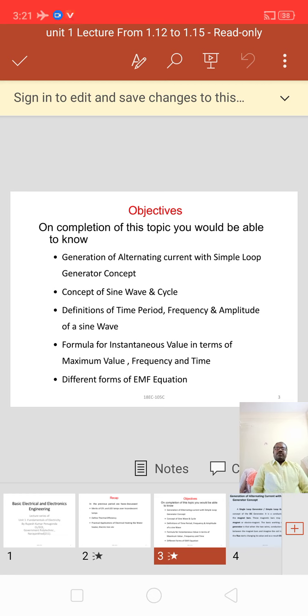These are the objectives we learn in this lesson.